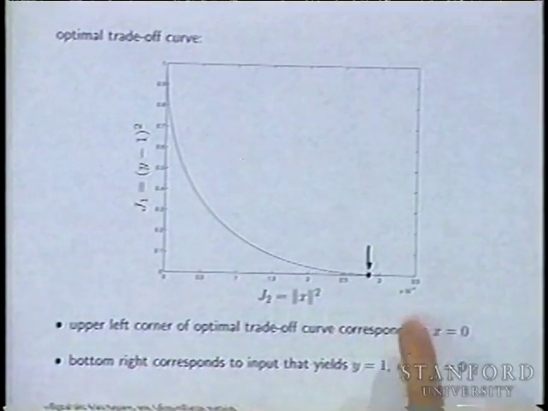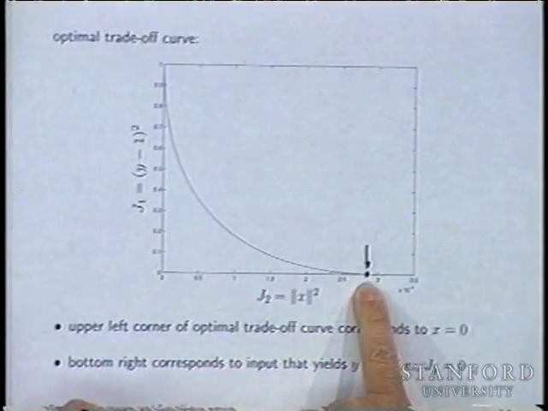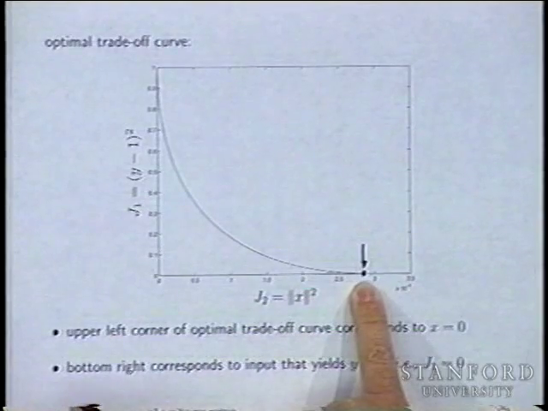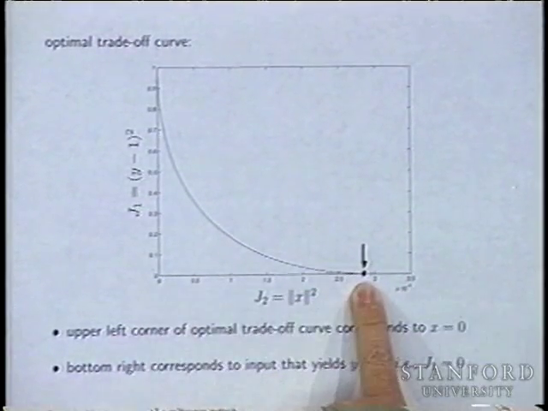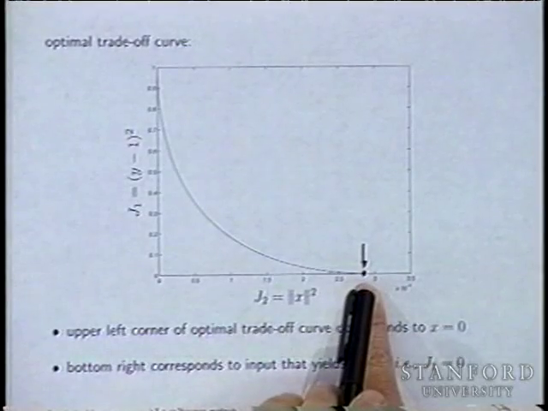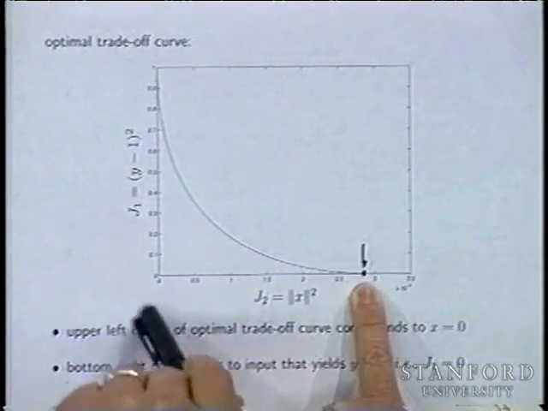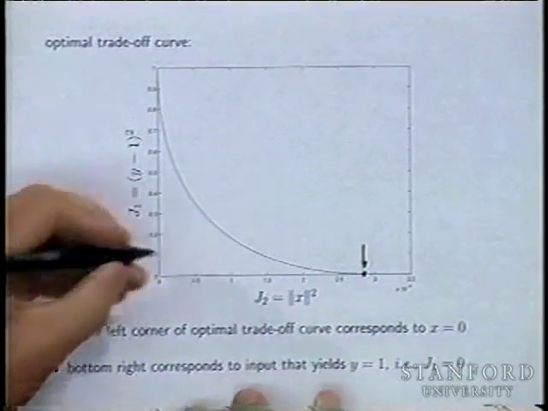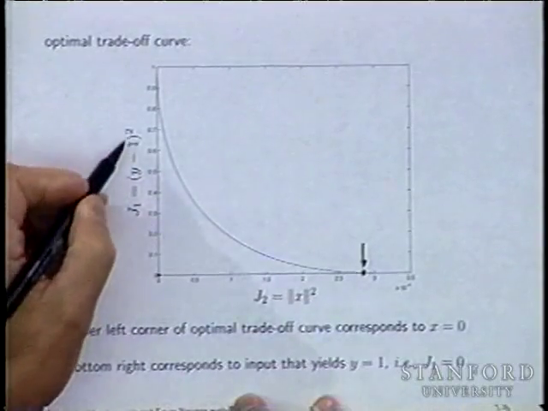It hits it. This is a very interesting point that we're going to discuss either later today or maybe Tuesday. At this point, you are hitting the target exactly, and you're using the minimum energy possible. That's what it means to say that this curve hits this line. So 0 means y is 1.